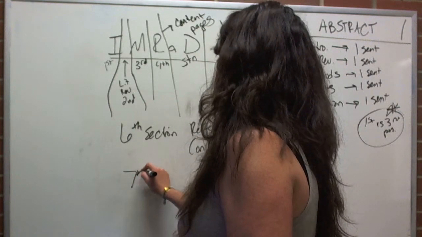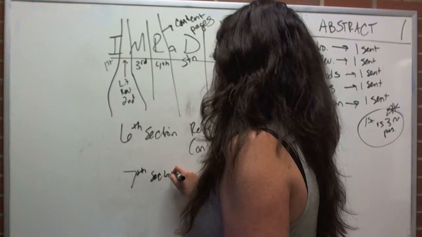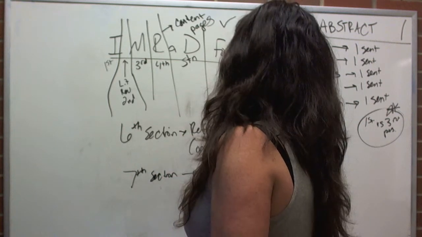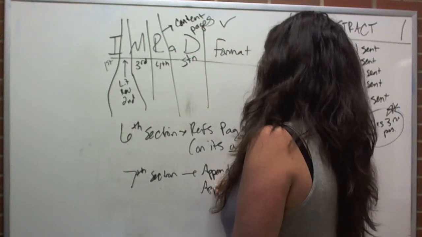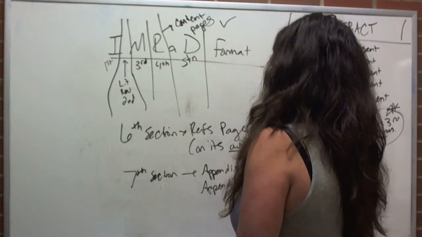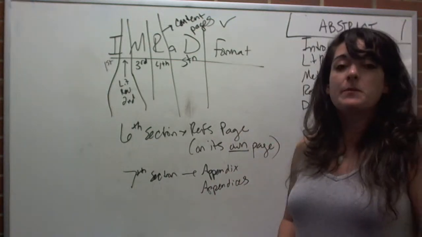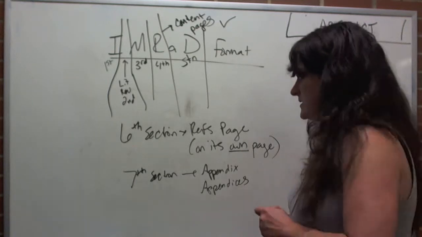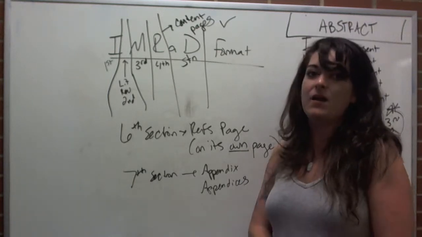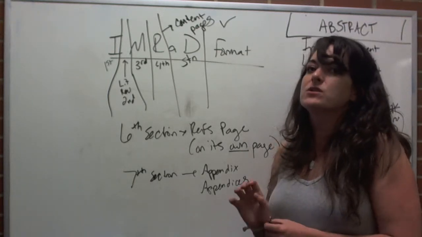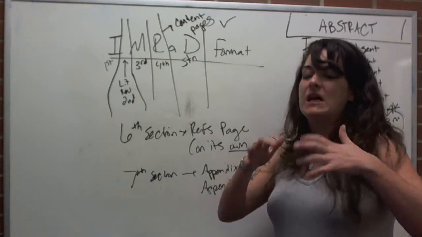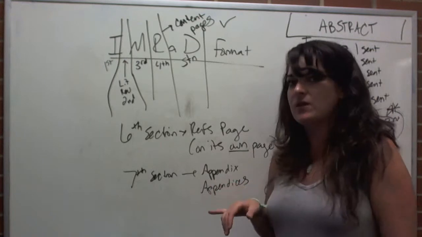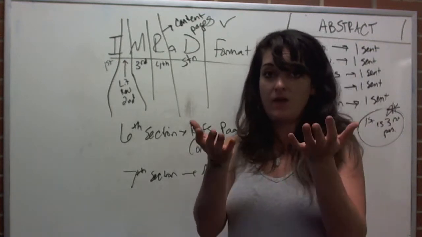And then your 7th section is your appendixes. Appendix, or if you have more than one, appendices. An appendix or appendices is your tallied data. Researchers will put their initial basic data collection as an appendix so that we can literally see what they did.